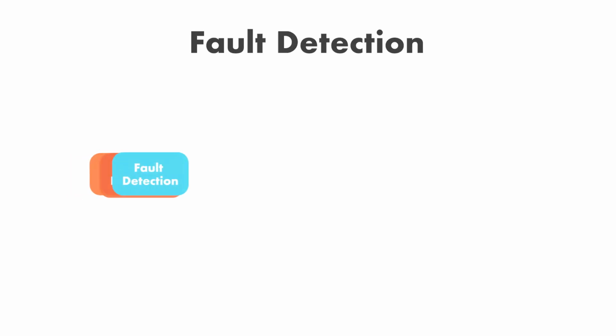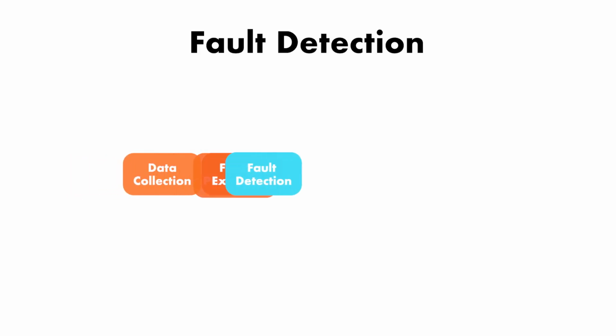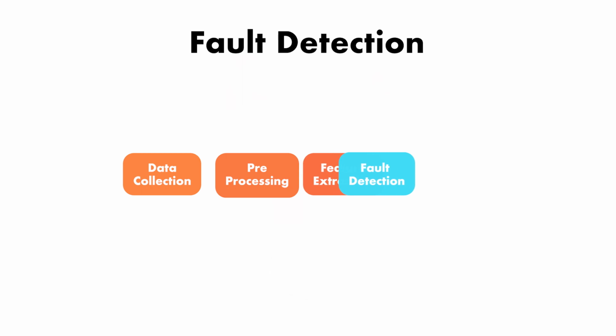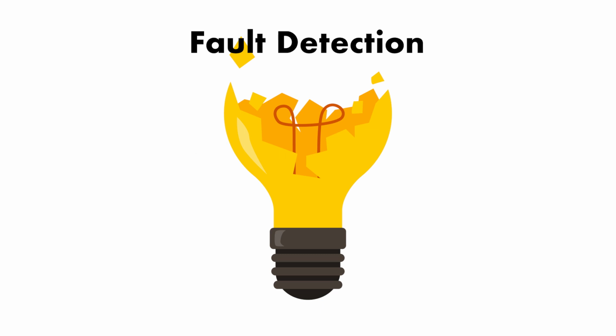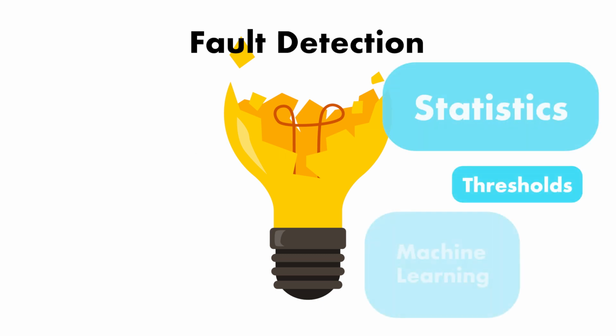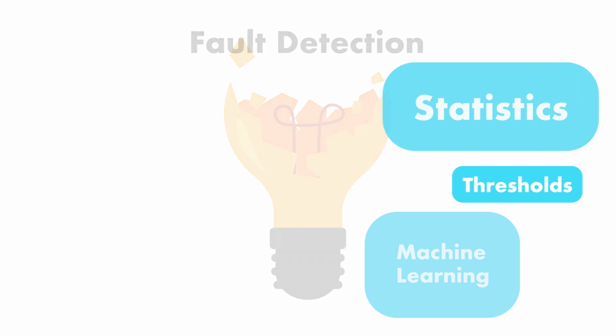After we have done the pre-processing, we can detect the fault. And what is fault detection? We just have to see when the behavior is deviating from what we would expect. We can do this in many ways, such as, for instance, with thresholds, with statistics, or with machine learning. But the goal is always to target the failure, to know when it's happening, and to not give false alarms.